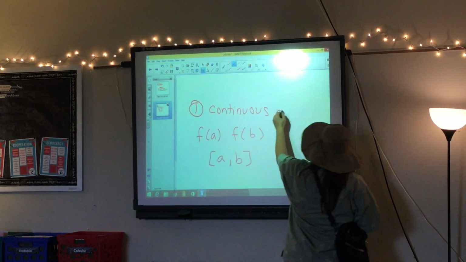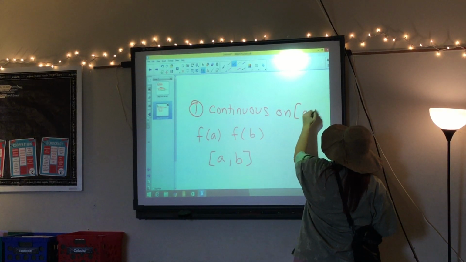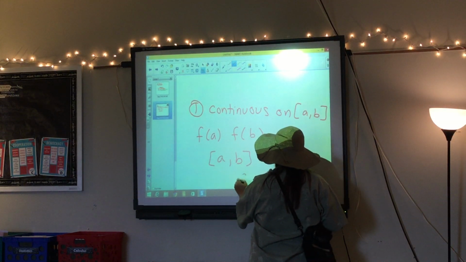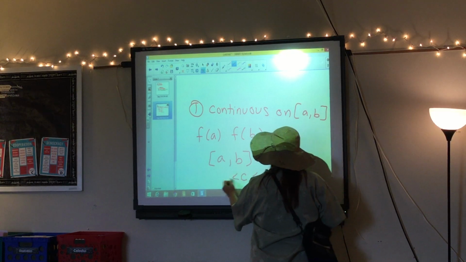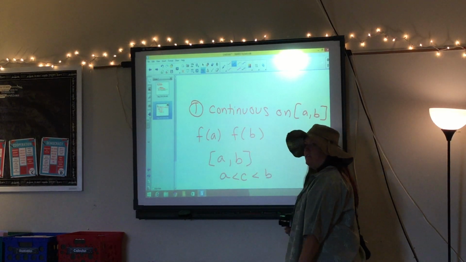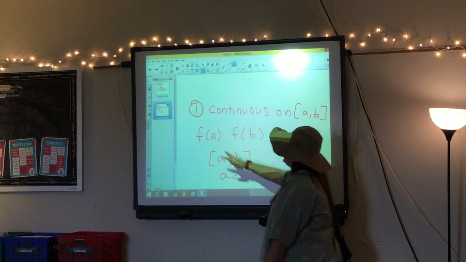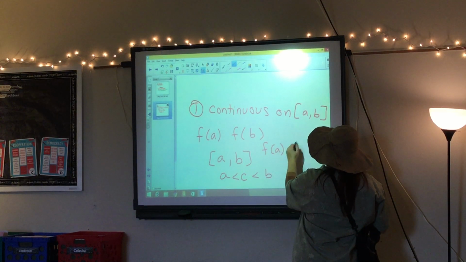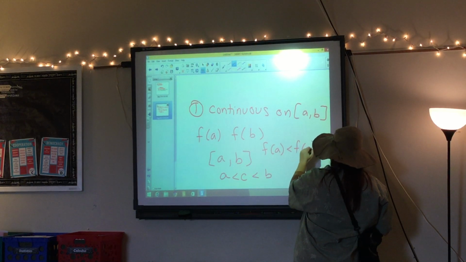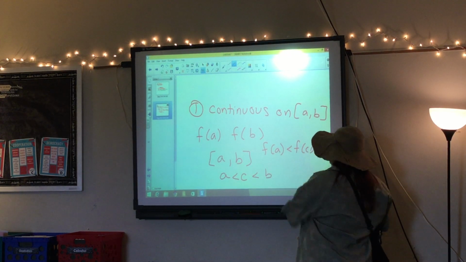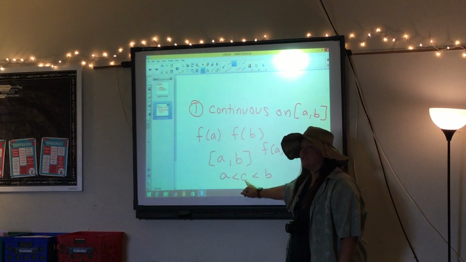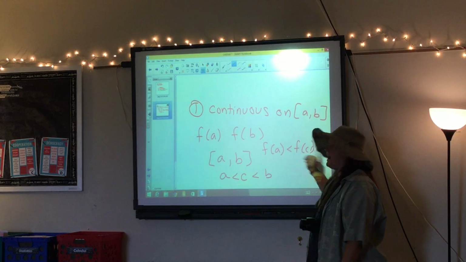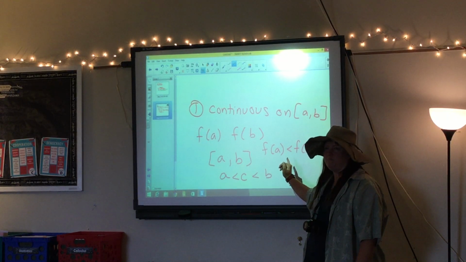If it's continuous on a to b, and c is between a and b, then there is a value in between f of a and f of b that equals f of c. Basically, if your x value is between these two x values, then there's a y value in between the two y values of your other points.